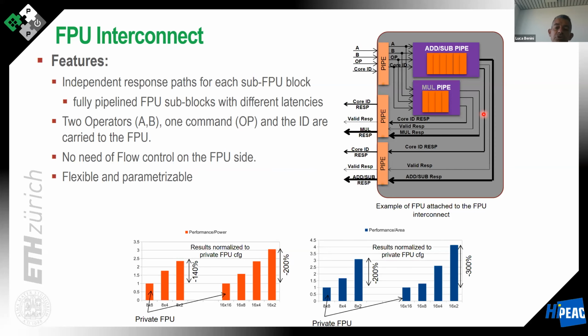If you have a floating point unit that does, for example, division or square root, you don't want to replicate this floating point unit for each core. So you can provide a couple of divide and square root units, and the processors can share them using this type of interconnect. The advantage of this is that you have a better area efficiency because you don't have to replicate this fairly large logic, and at the same time your performance penalty is not so high because these operations are not needed in all the cycles.